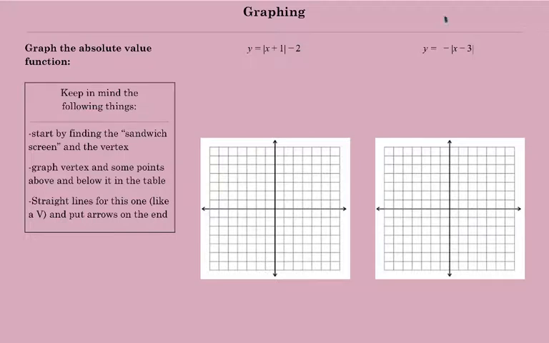The first one's a negative, the second one is a minus. There is a difference. Got our x and y, type it in, get to your table, second graph.